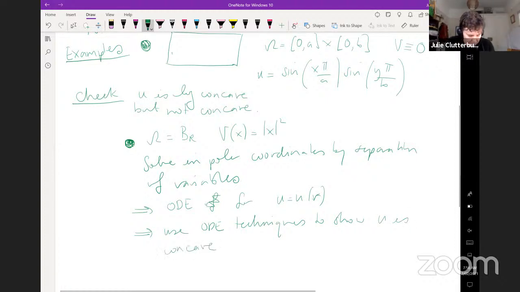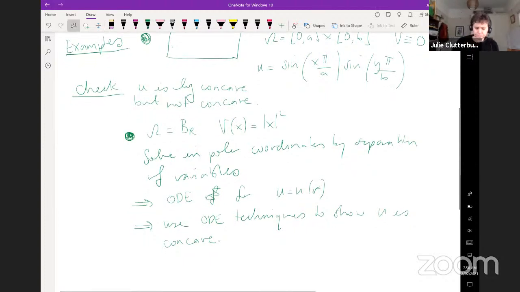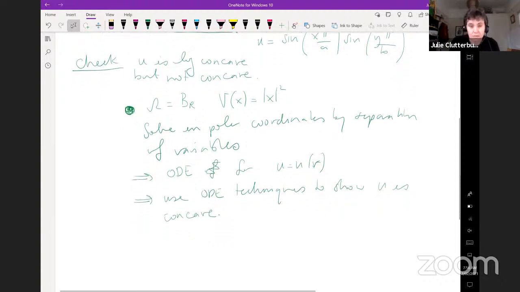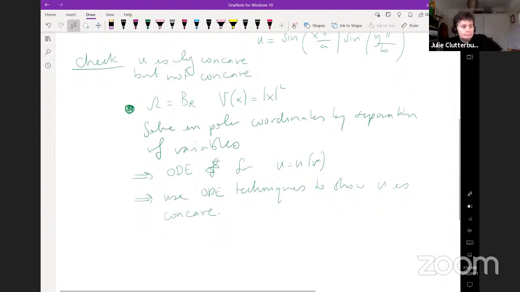So we actually get concavity for this one. And yes, u solves an equation that looks a little bit like the Bessel ODE.